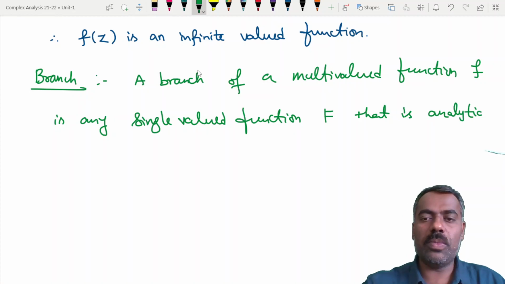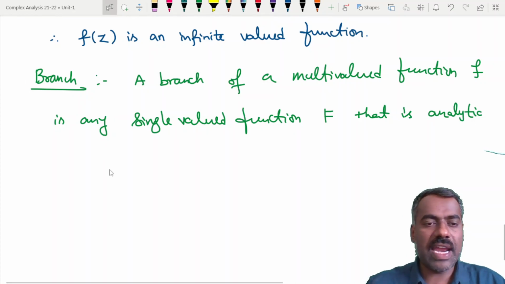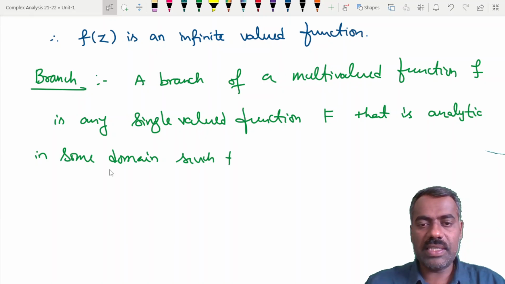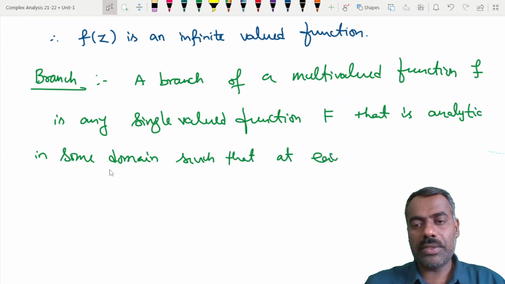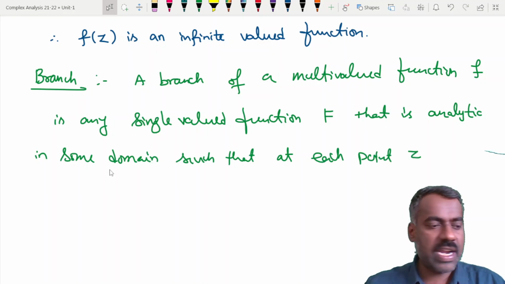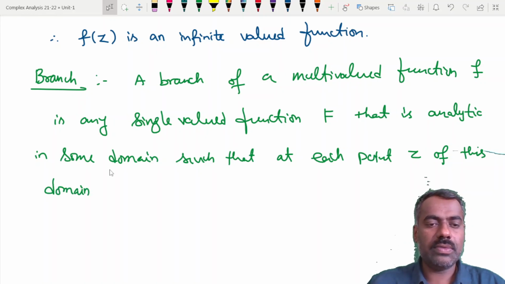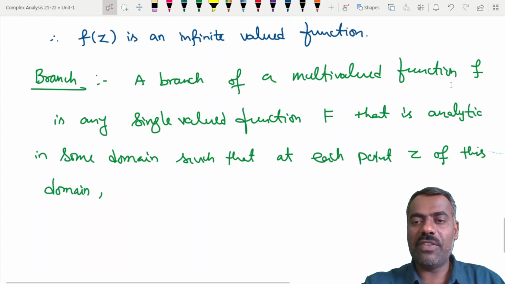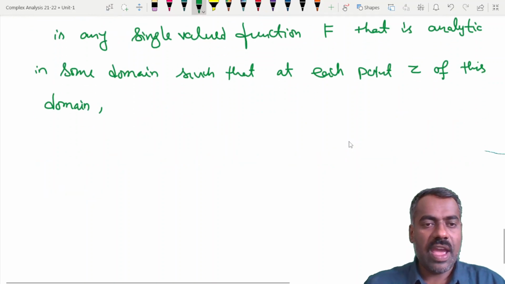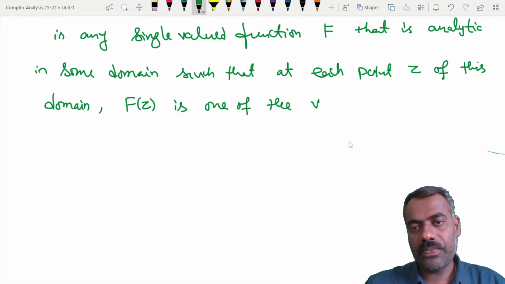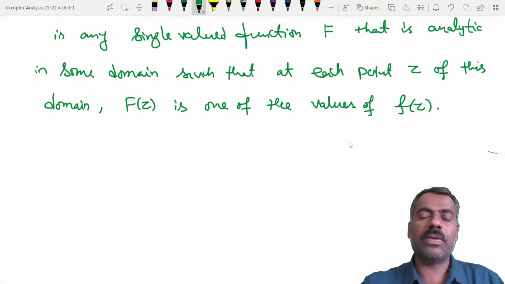So whatever we are going to talk about as a branch is an analytic function, analytic in some domain, such that at each point z of this domain, the value of capital F of z is one of the values of our small f.